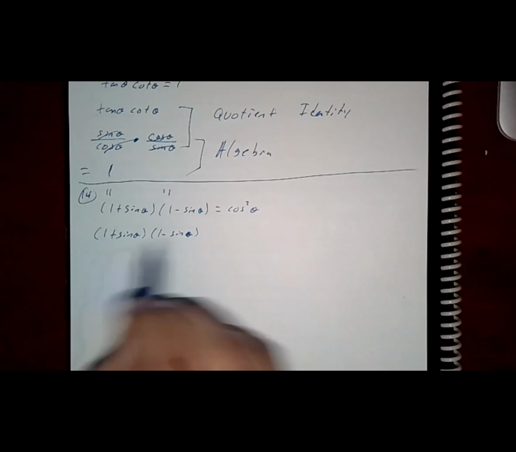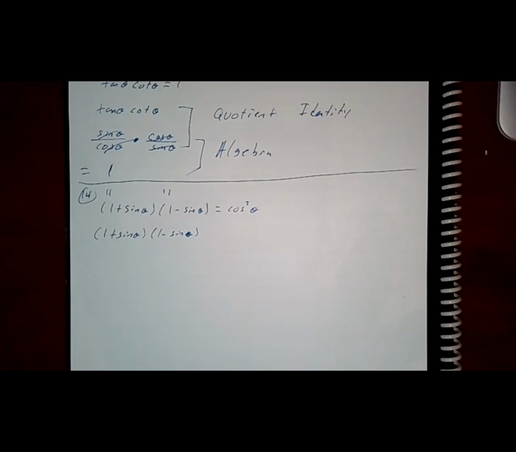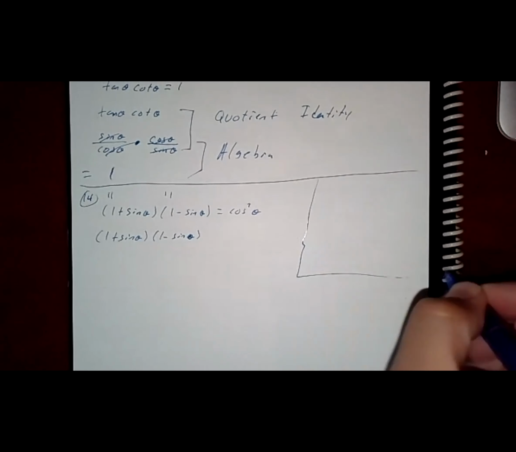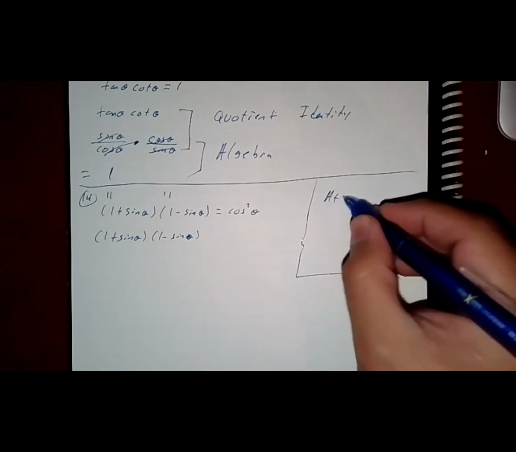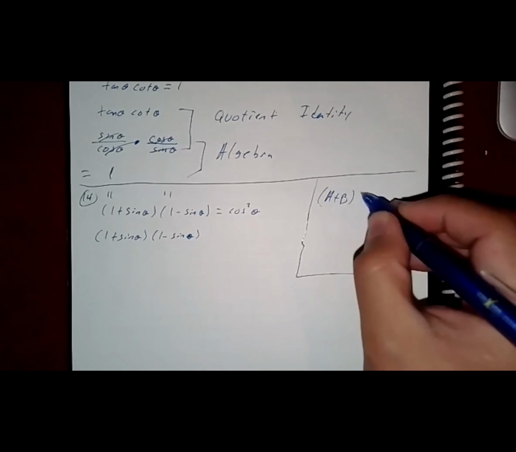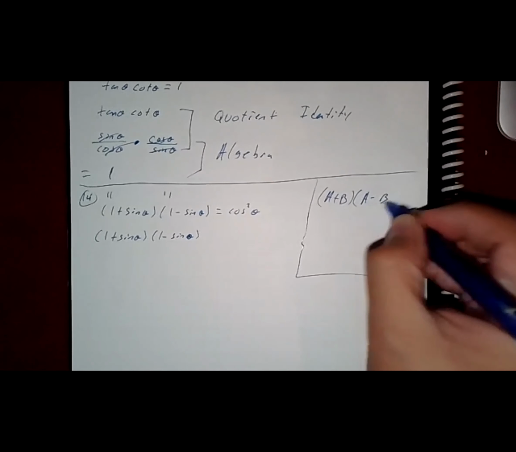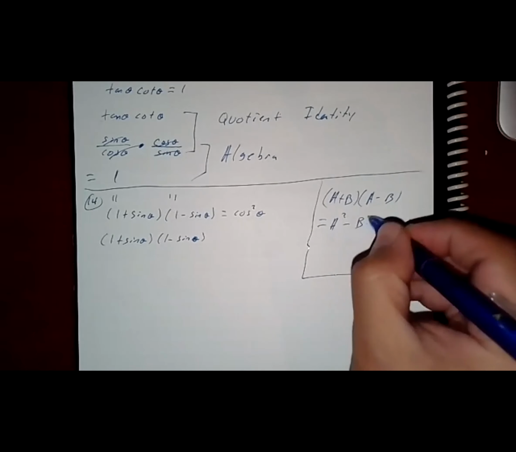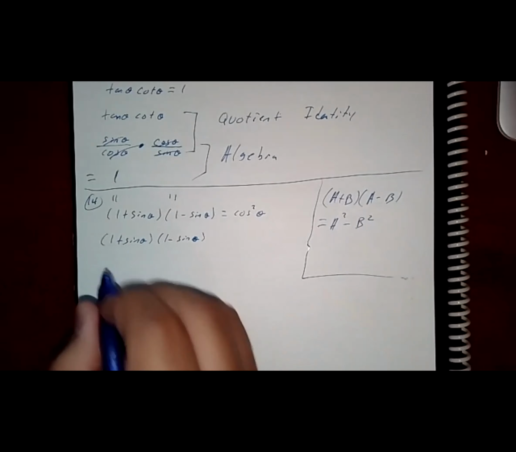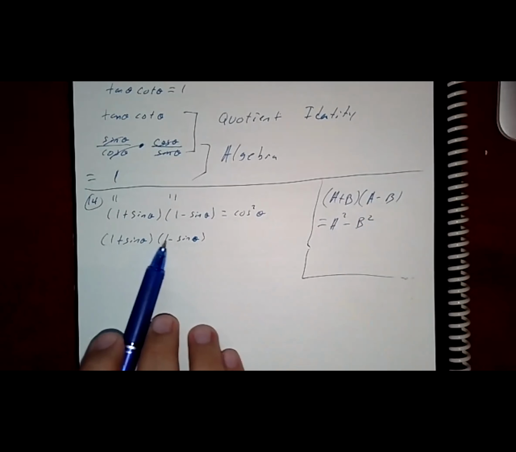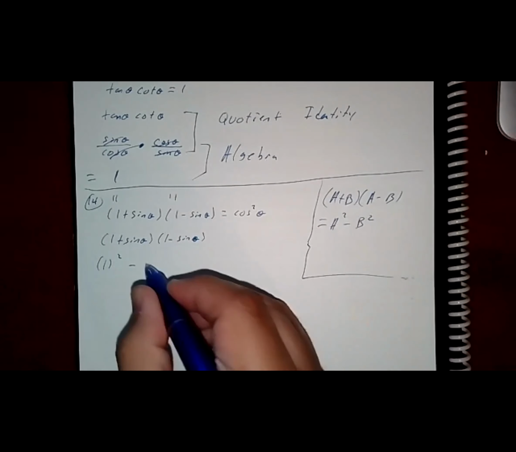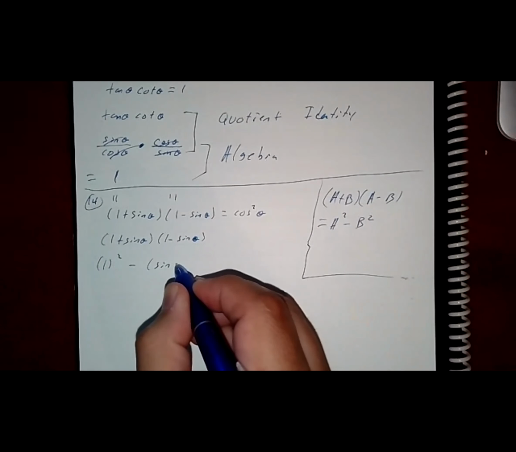Or you can multiply it all out and see that anyway. We should remember from algebra that a plus b times a minus b is always a squared minus b squared. So the answer will be 1 squared minus sine squared.